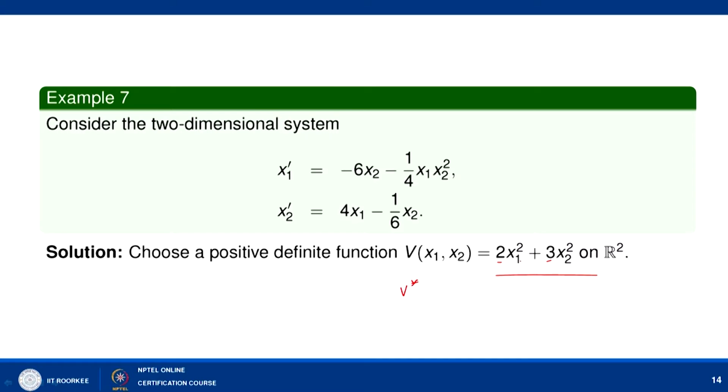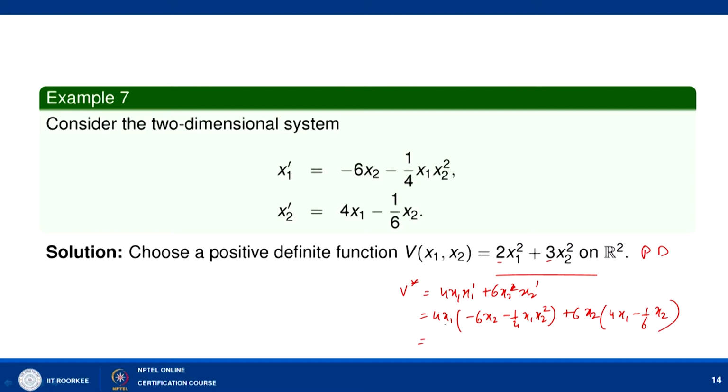So, first of all, you just look here that V is a positive definite scalar function. Now, look at V star, which is basically 4 x1 x1 dash plus 6 x2 x2 dash here. So, it is 4 x1 times (minus 6 x2 minus 1 by 4 x1 x2 square) plus 6 x2 times (4 x1 minus 1 by 6 x2) here.